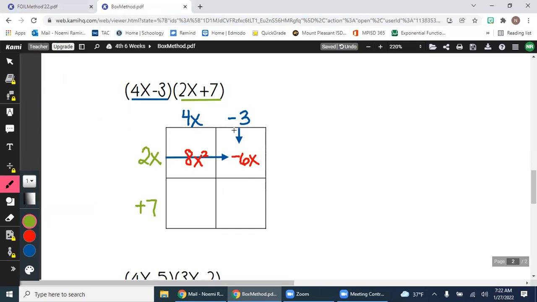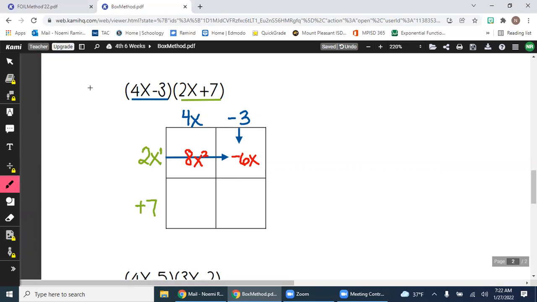Once again, those of you that liked having that x to the power of 0: 2 times negative 3 is negative 6x. Sorry, I meant to put a 1 because this one does exist. 1 plus 0 is still technically a 1, okay? All right, let's try the next one. I'm going to erase this.